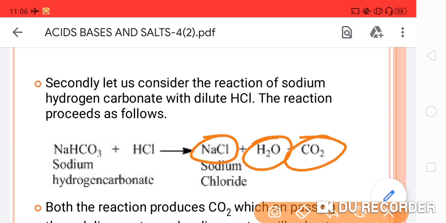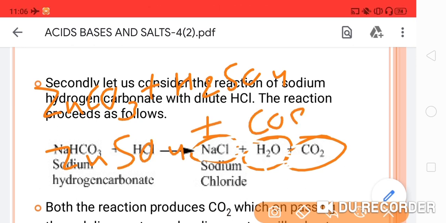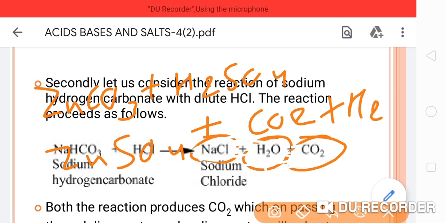Okay students, there are some more examples you can mention here, like suppose there is zinc carbonate reacting with H2SO4. So what will the product be? It will convert into zinc sulfate, that is the respective salt, carbon dioxide plus water.